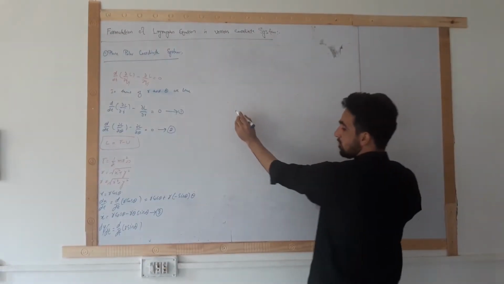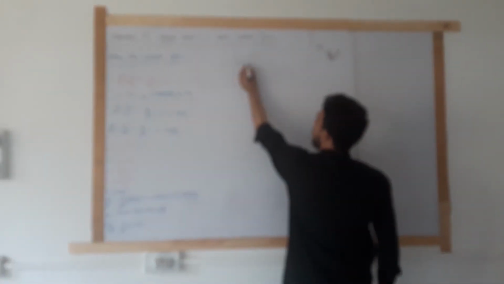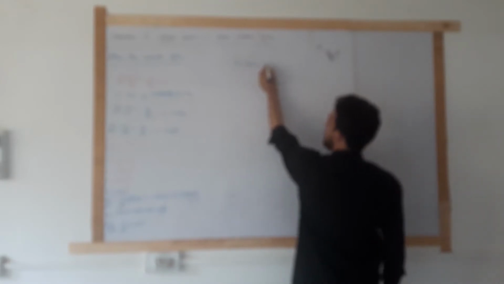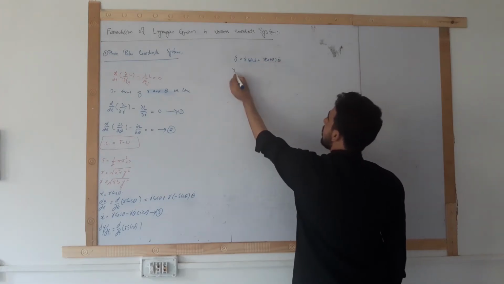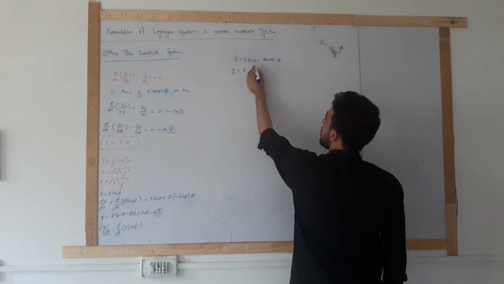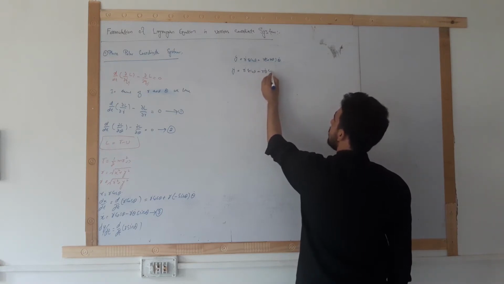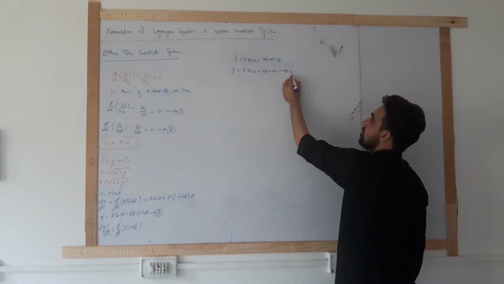By applying the product rule, we get y dot is equal to r dot sine theta plus r times the derivative of sine, which is cosine theta, and again the derivative of theta is theta dot. So y dot is equal to r dot sine theta plus r theta dot cosine theta. This is equation number 4.